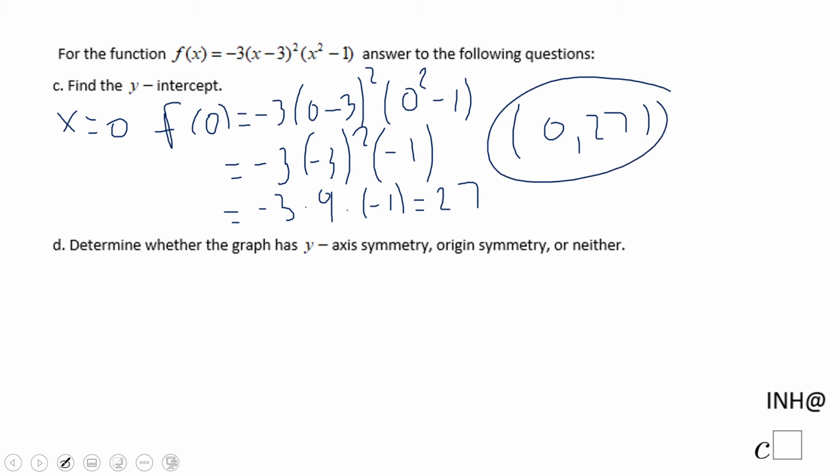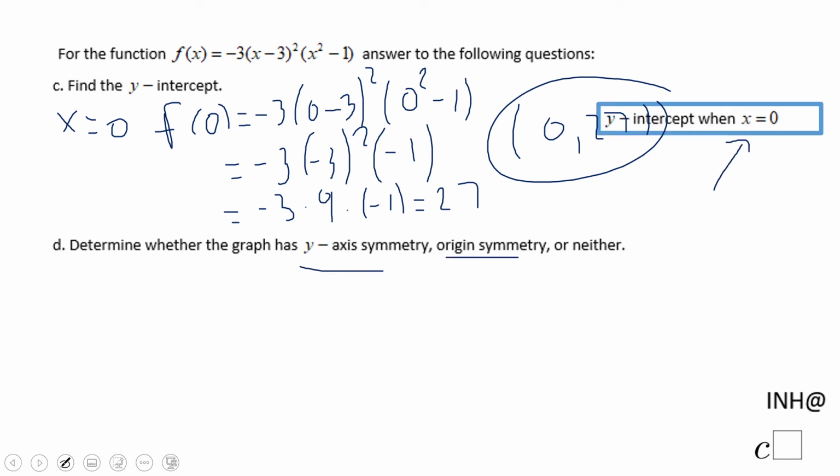Which is going to be very important to graph this polynomial function. And determine whether the graph has y-axis symmetry, origin symmetry, or neither. So one more time, remember this important step to find the y-intercept. And this is for symmetry. If the function is odd, we have origin symmetry.